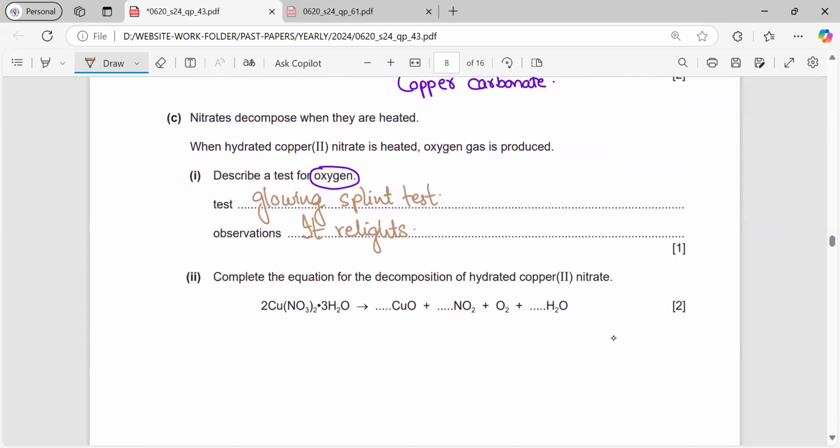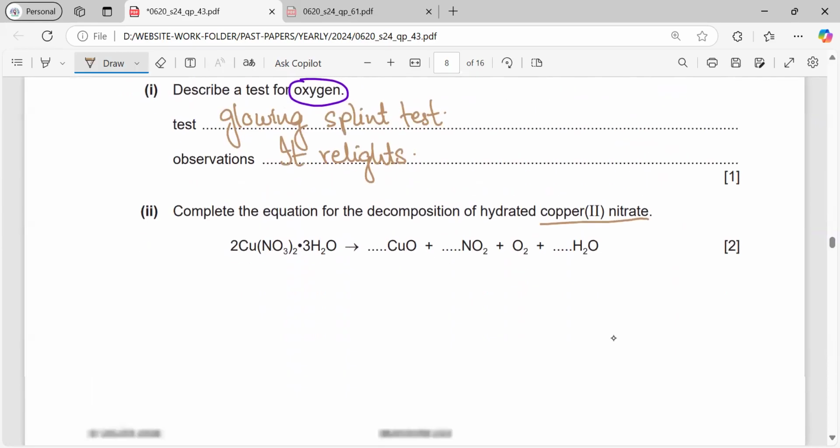Complete the equation for the decomposition of hydrated copper nitrate. We need to balance this equation. For simplicity, in the reactant, the hydrated crystals are already balanced. As we can see, the copper here is 2, so we'll write 2 here with copper oxide.